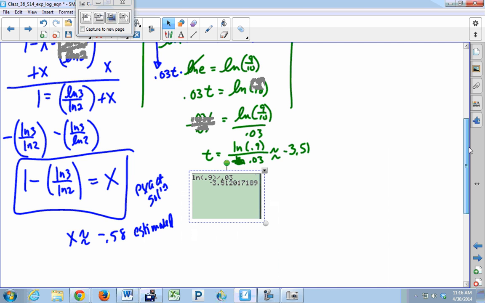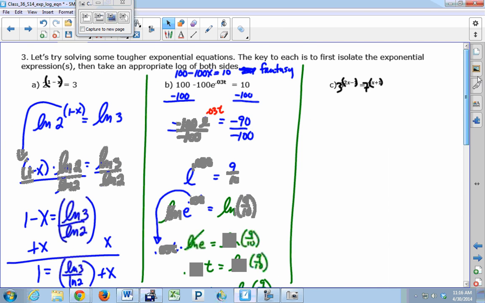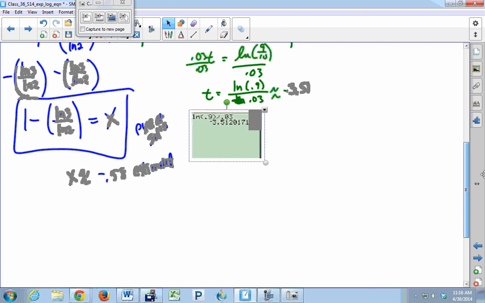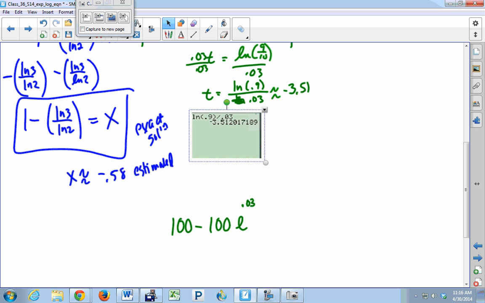All right, so I want to show you that you could have done that manually. Yeah, right, Linda, you could. 100 minus 100 e to the 0.03 times... I have faith in all of you. Natural log of 0.9 over 0.03 is supposed to equal 10. You could do this.